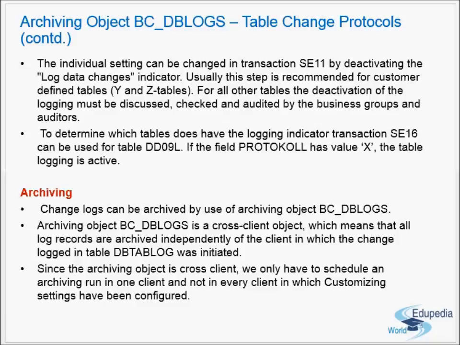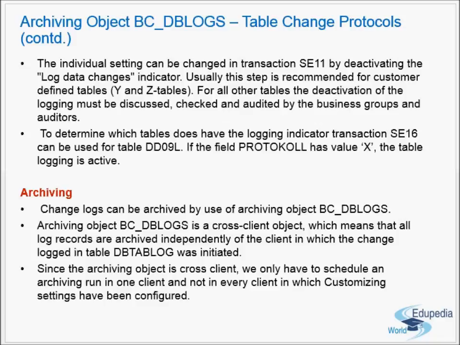So say you have activated some table logging in a particular client or for some table and the changes are made in only one client, but when you initiate archiving through the BC_DBLOGS object, the archiving is done system-wide. It's cross-client. So once you start archiving using this object, the data in all the clients of this table is archived.